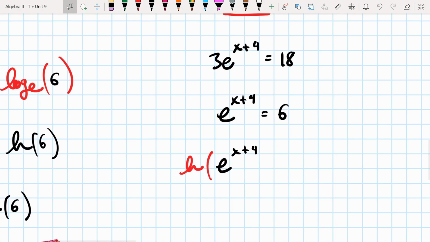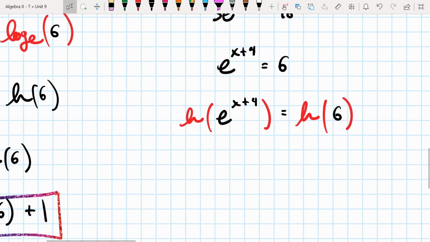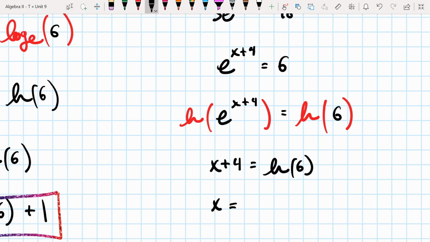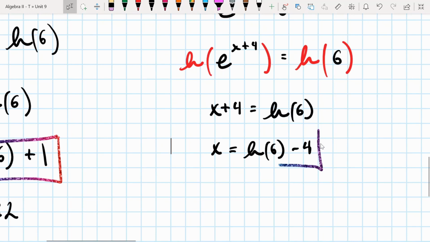And just recognize the base of the natural log is Euler's number, so the reason why we're taking the natural log of both sides is because the base of our exponent is Euler's number, e. Had the base of our exponent been like 7, we would take log base 7. This is x plus 4 is equal to the natural log of 6. So x is equal to the natural log of 6 minus 4. Okay, and that's the solution to the second equation here.